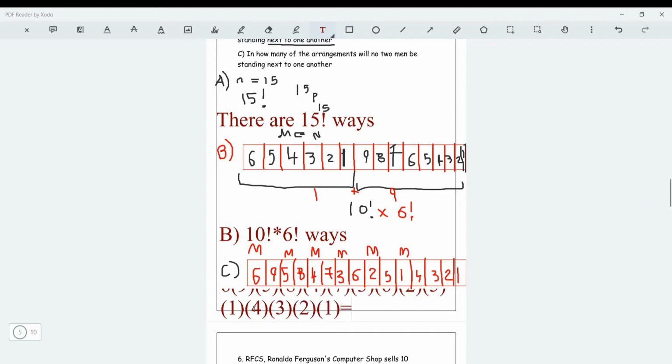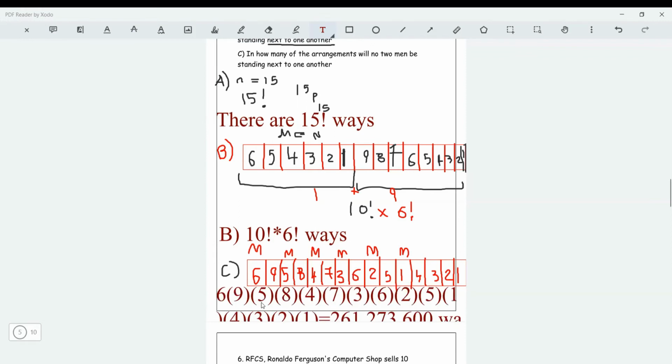When you work that all out, I get 261,273,600 ways. That's the number of ways where no two guys stand next to each other. All right, nice.